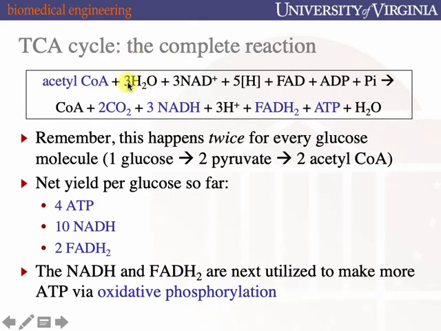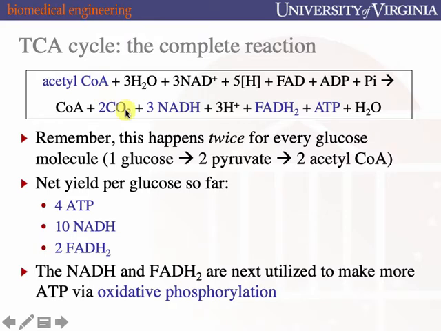We already said multiple waters, multiple NADs, 1 FAD, and here for the accounting, we'll take that GTP that's generated by substrate level phosphorylation and count it as an ATP. So ADP to ATP, a reducing equivalent of FADH2, 3 NADHs, with 2 CO2s released. This is focusing on just the cycle and on just one pyruvate molecule.